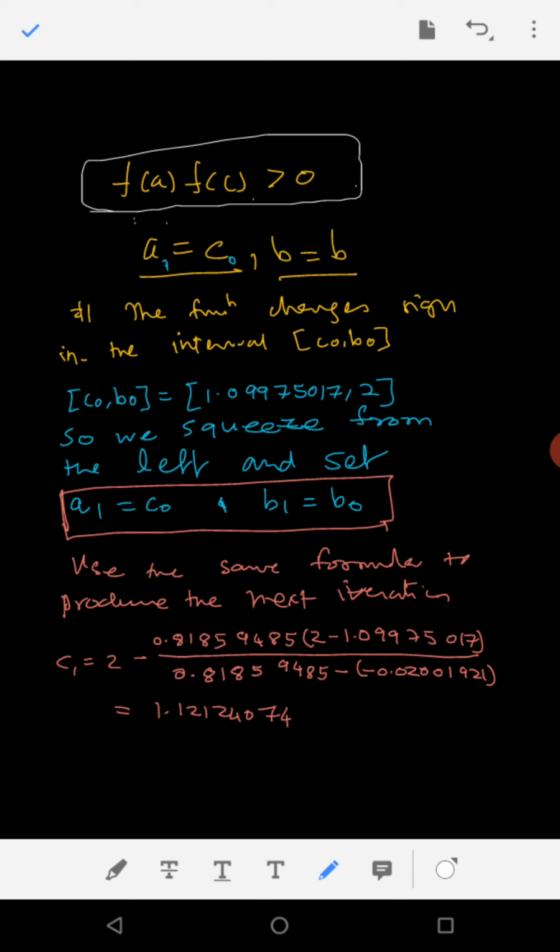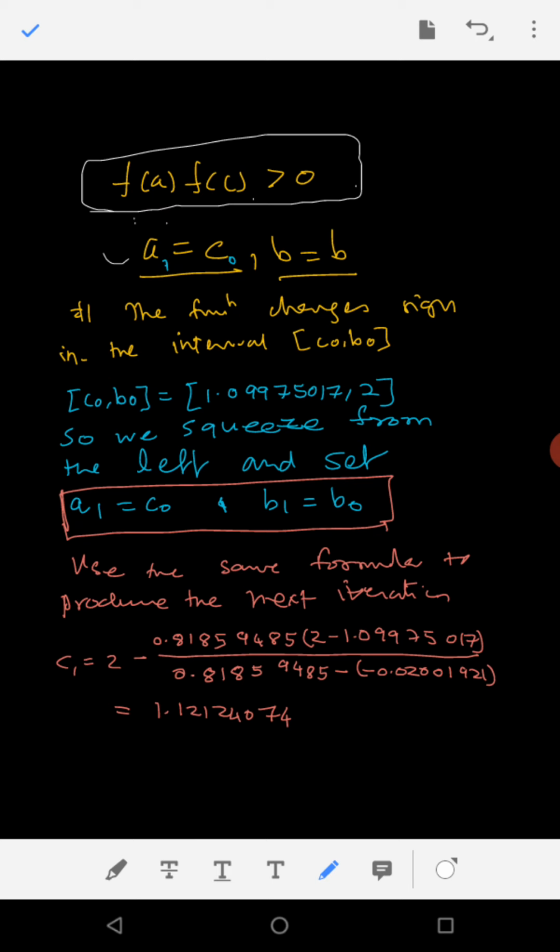If f(a) times f(c) is greater than 0, you have to take the next iterative value a1 equal to c0, and b remains as it is, that is b1 is equal to b0. But if it is the other way around, take b as your c0, and a0 remains a0 for the next iteration, if the opposite sign is there.